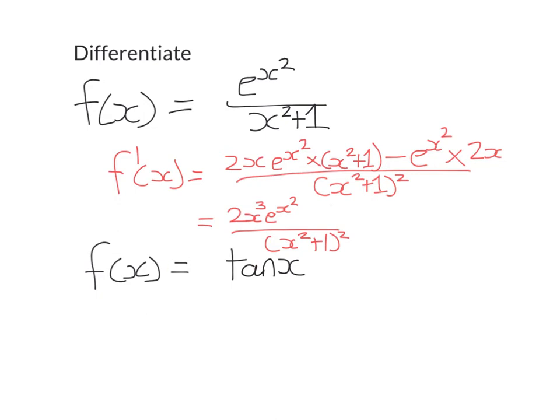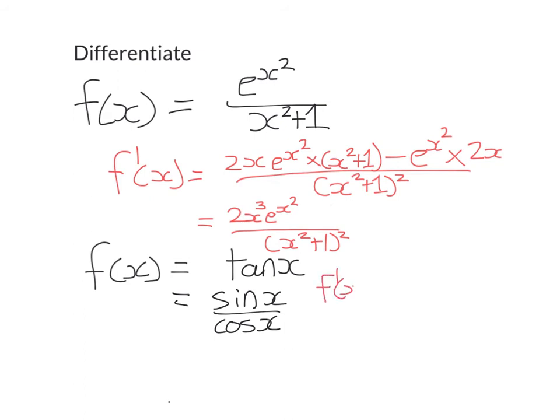f of x equals tan x. So you're probably thinking to yourself, what's this silly old man talking about? Tan x isn't a quotient. I don't have one function divided by another one. Well, I don't know how to differentiate tan x, but remember tan x is just sine x over cos x. So I know how to differentiate sine x, I know how to differentiate cos x, so I can use the quotient rule.